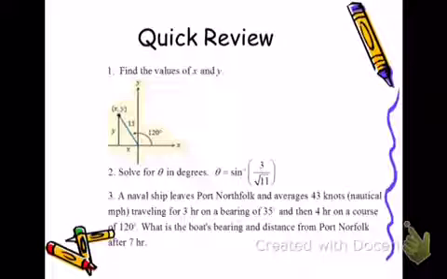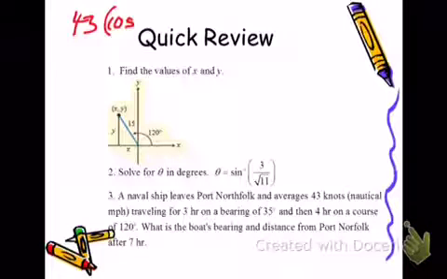The speed is the magnitude, right? So it would be 43 times cosine of 35 degrees plus i sine of 35 degrees.